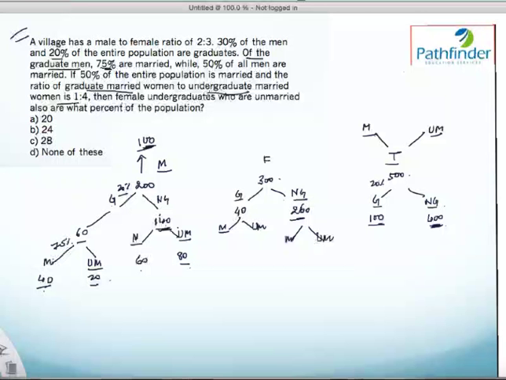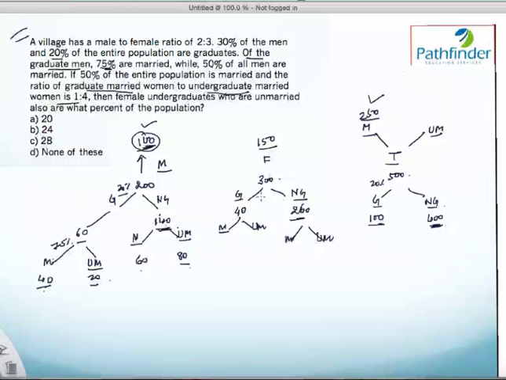The next sentence says 50% of the entire population is married. So 250 from the entire population are married, out of which 100 are men, as we earlier calculated. So how many females must be married? 250 minus 100, that is 150.